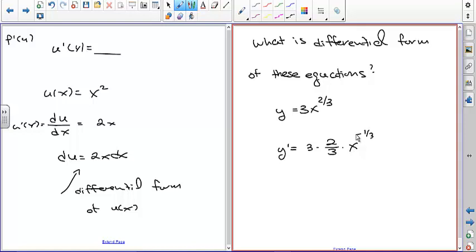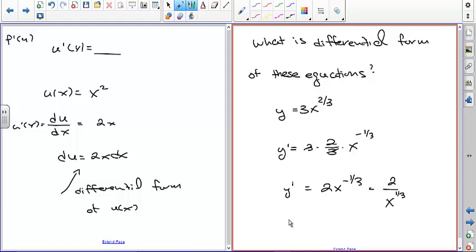So you get 2/3 x to the minus 2/3. And then you can simplify it. So you'd get 2x to the minus 1/3. That's equal to y prime. That's equal to 2 divided by x to the positive 1/3.